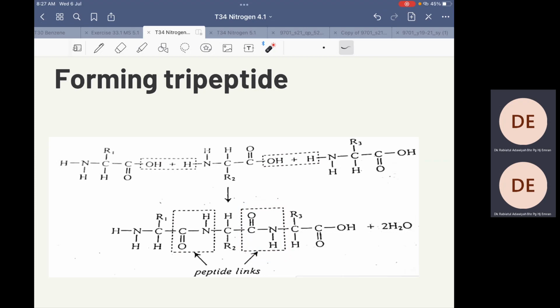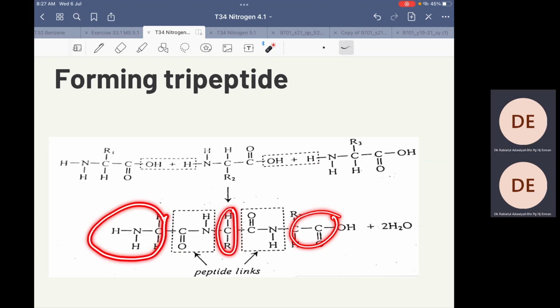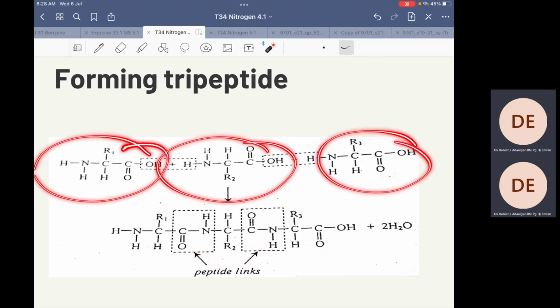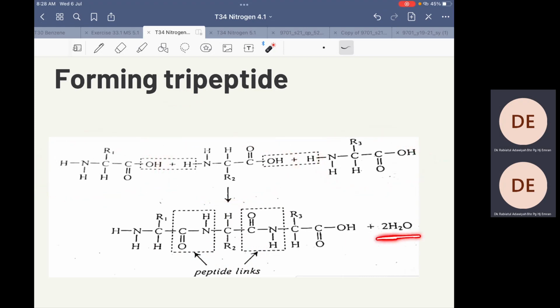This is called a tripeptide because there are 3 parts of amino acids, 1, 2, and 3. It doesn't depend on the number of peptide bonds. There are only 2 peptide bonds here, but the name tri comes from the number of amino acids involved in making this molecule. Okay? And don't forget, you lose 2 molecules of water to form a tripeptide. Are we all okay with that? Okay.